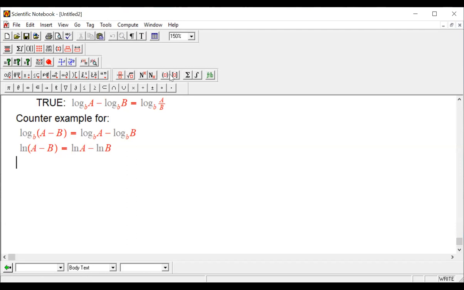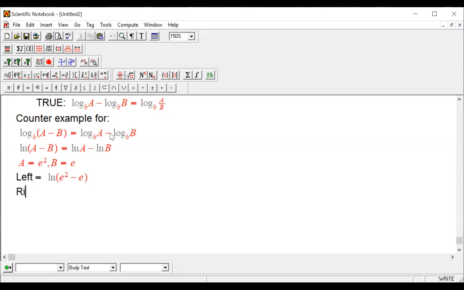Okay, so I'm going to choose A equals e squared. Okay, B equals e. My left-hand side is ln of e squared minus e.